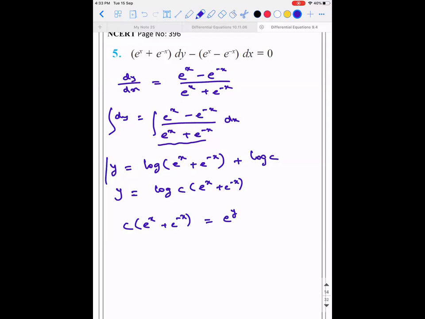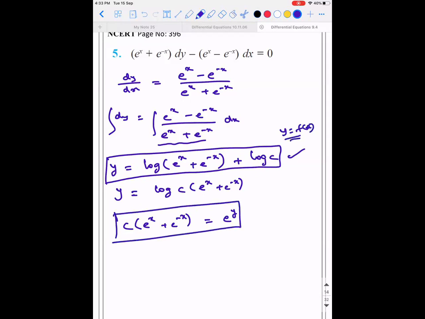You can actually leave it with this also. So this is also a right answer because we have written it in the form of y is equal to f of x. You can leave it with this, or you can write it in this form. This is going to be in the form of an implicit function.